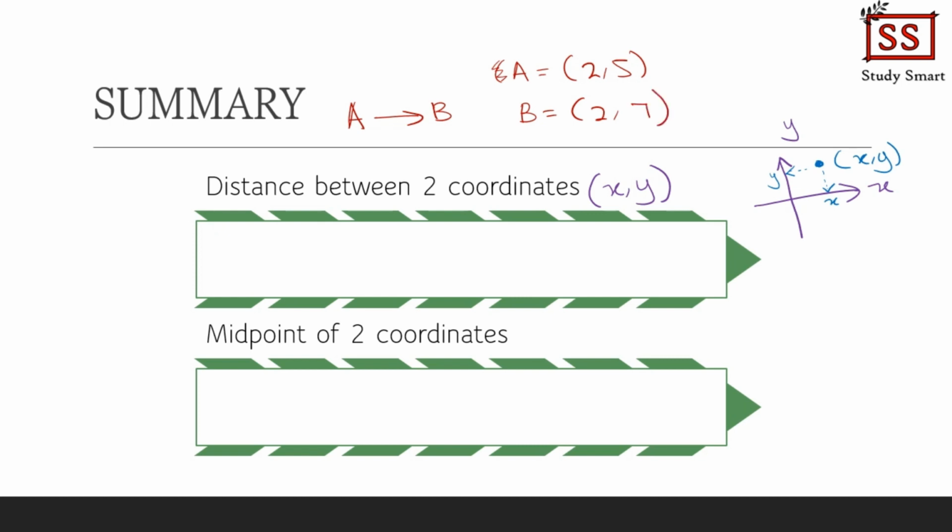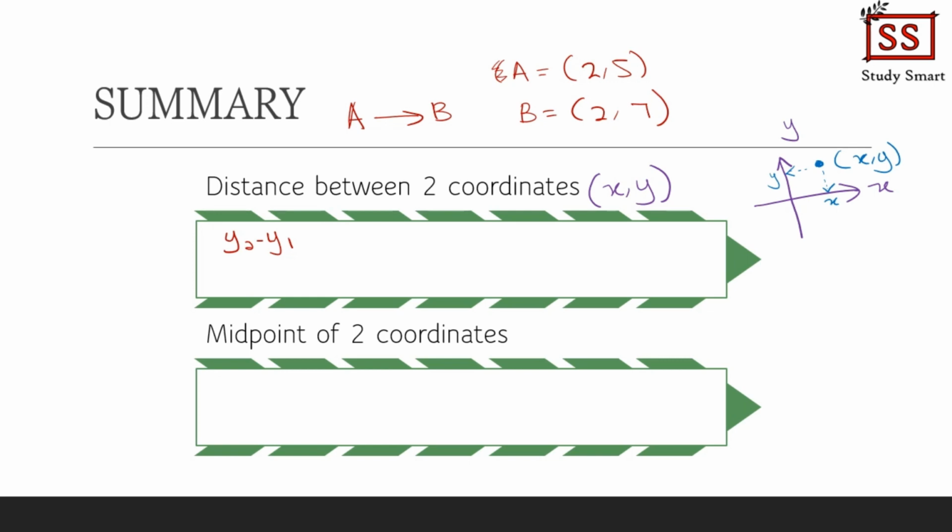In this case, the x coordinate of point A and point B is the same, which is 2. Because it is the same, your formula to find the distance will be y2 minus y1. So what do y2 and y1 mean? 7 minus 5, you will get the distance of 2 units.